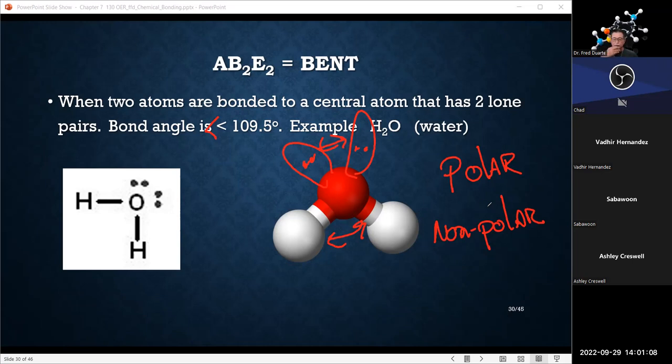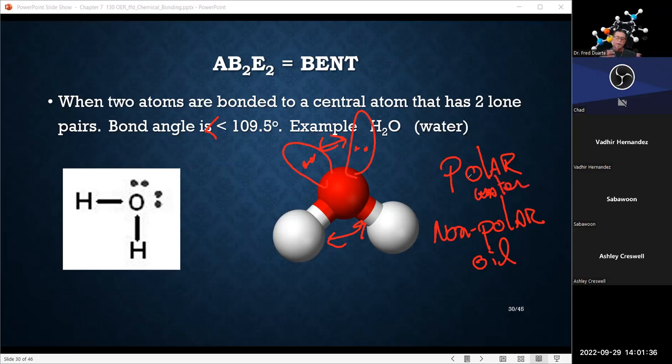We use the adage "like dissolves like." So if a molecule has properties of water, they're going to dissolve in each other. We also know that oil and water don't mix, right? Oil is what we call non-polar, and water is a good example of polar.